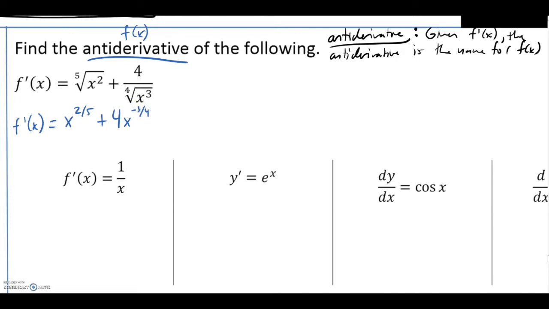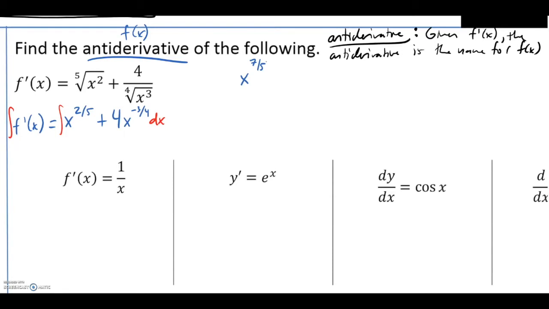Working backwards, the notation for it is our integral sign, but without any boundaries. It's the indefinite integral with respect to x. Reversing the power rule, for x to the 2/5, we would add 1 to go in reverse. So 2/5 plus 5/5 would give me 7/5.